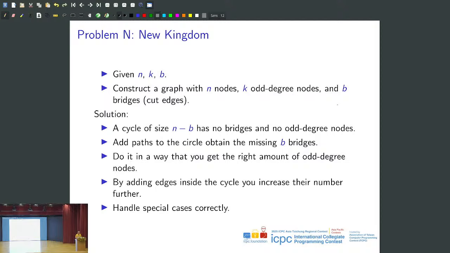What you can do is start with some cycle. A cycle has no cut edges, no bridges, right?